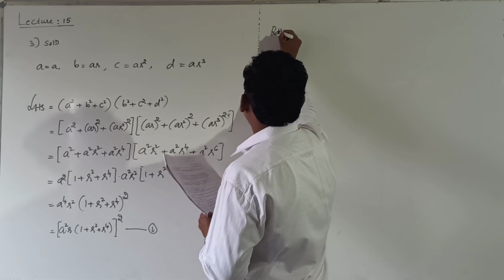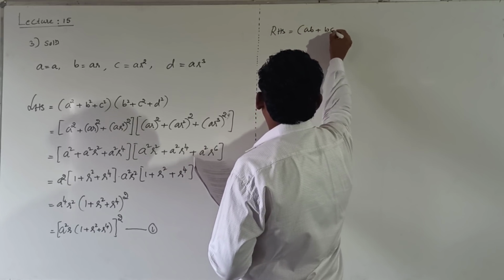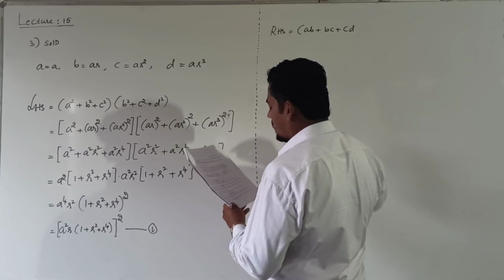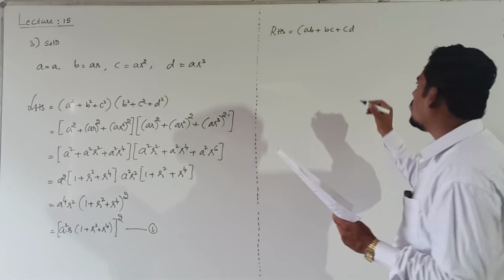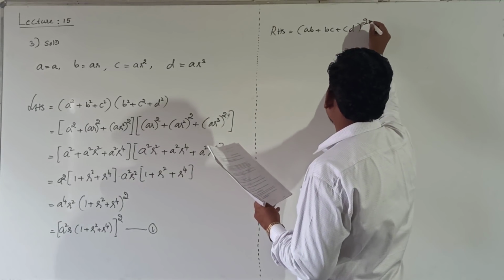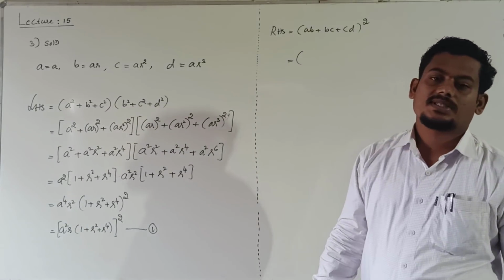What is our RHS? (ab plus bc plus cd) whole square. Next, replace again small a, b, c values.